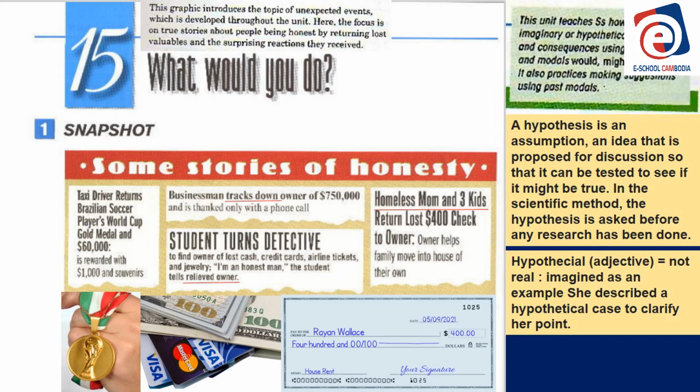Look at the one below. Student turns detective to find owner of lost cash, credit cards, airline tickets, and jewelry. I'm an honest man, the student tells the relieved owner. And so apparently the student found some lost cash, some money, some credit cards, and some airplane tickets and jewelry.